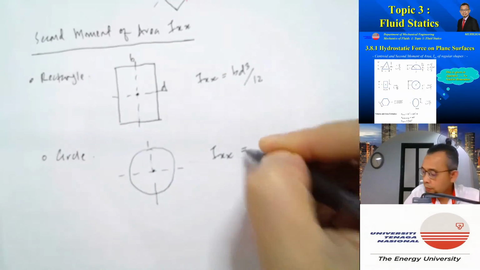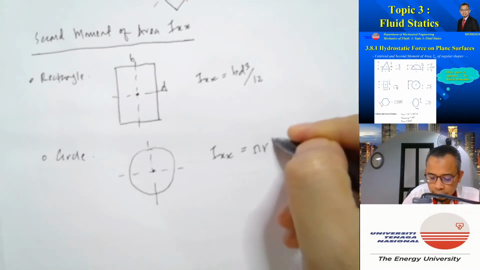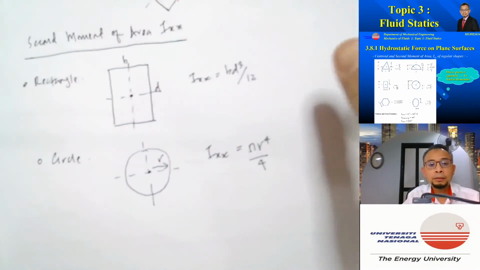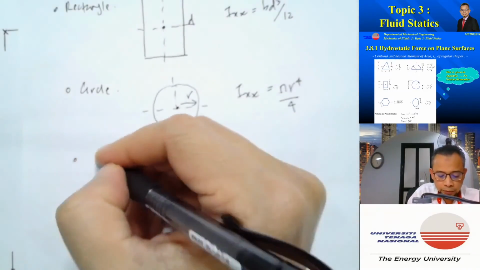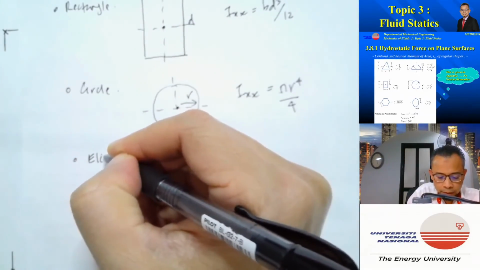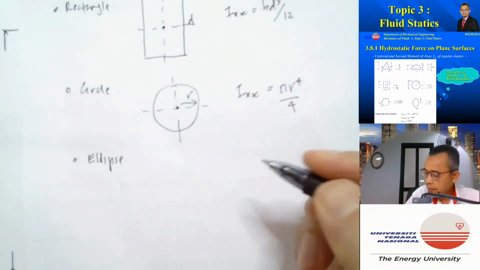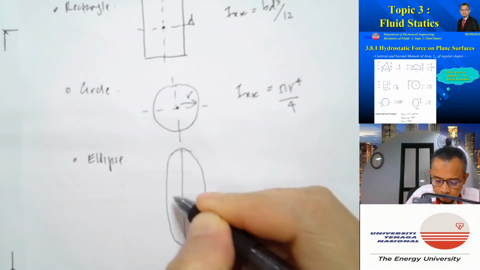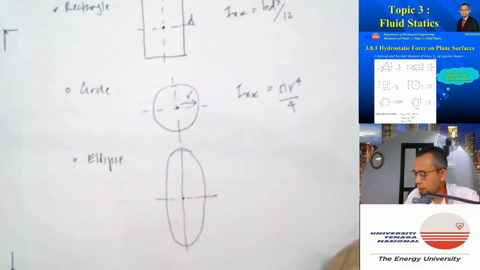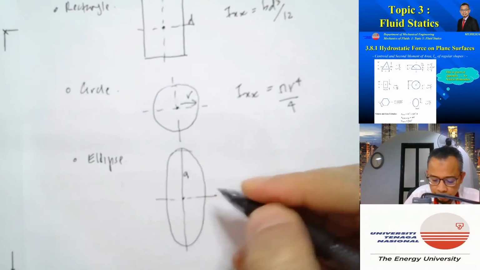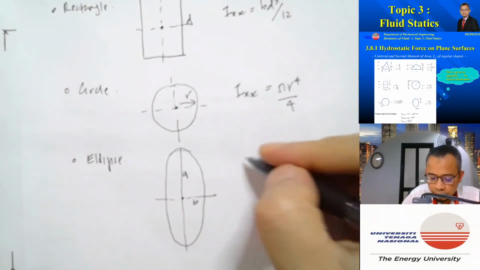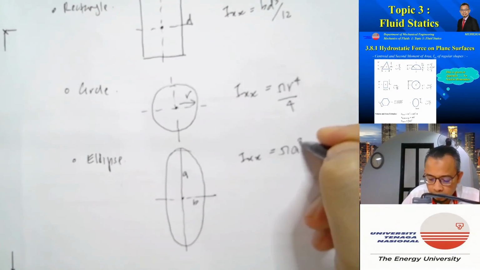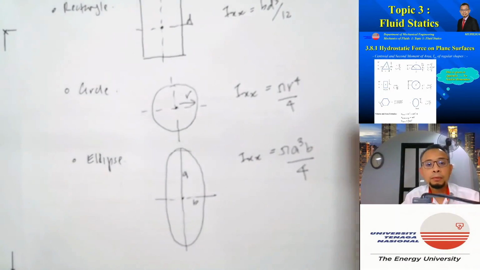So Ixx for a circle is pi r to the power of 4 over 4, where r is the radius. And then for an ellipse, the centroid is in the center, and let's say the major axis is A and the minor axis is B. So Ixx is equal to pi A cubed B over 4.